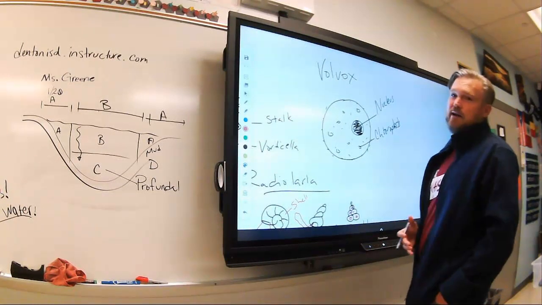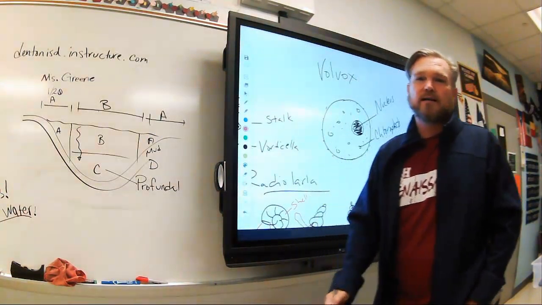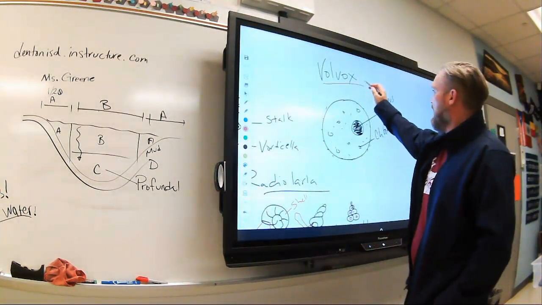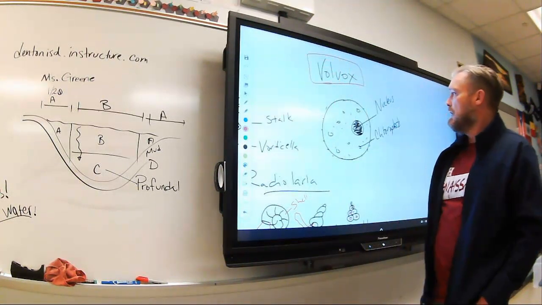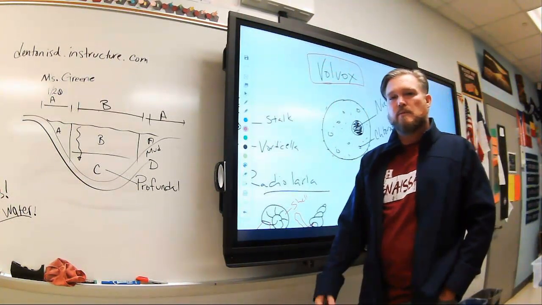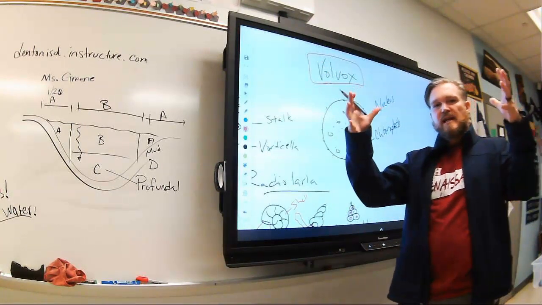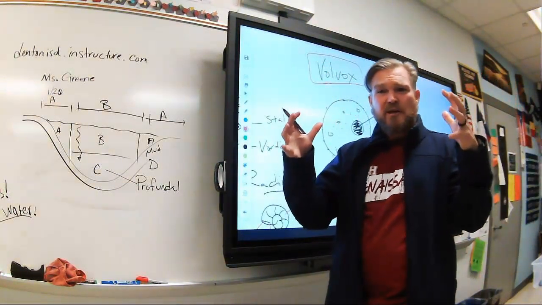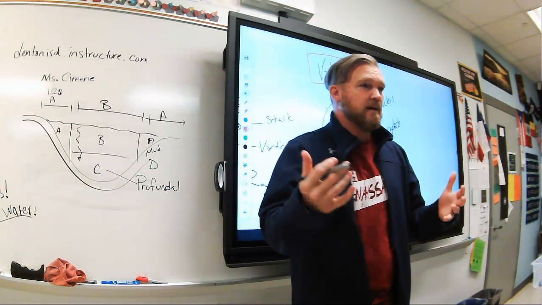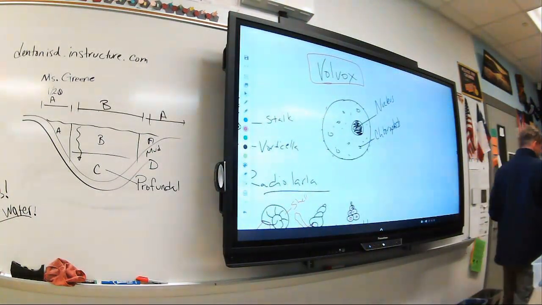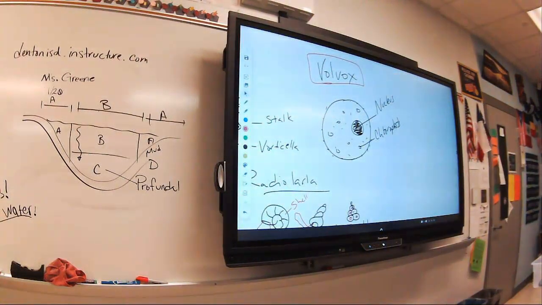I would like you to add a Volvox. I forgot to put Volvox on there. So add Volvox just because it fits well with all of these. Basically a Volvox looks like a big beach ball, and you can actually see these with the naked eye. In fact, let me see if I can pull up a slide that we looked at today. Maybe you can see through the camera with your naked eye where the Volvoxes are.